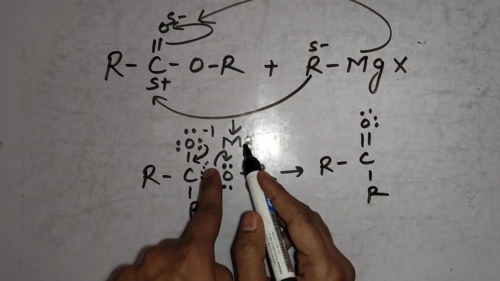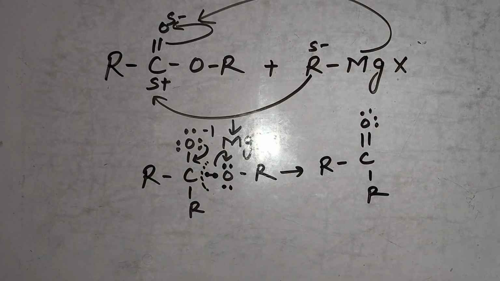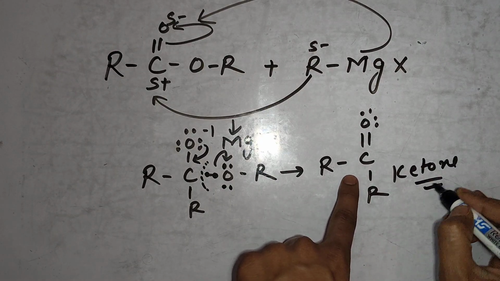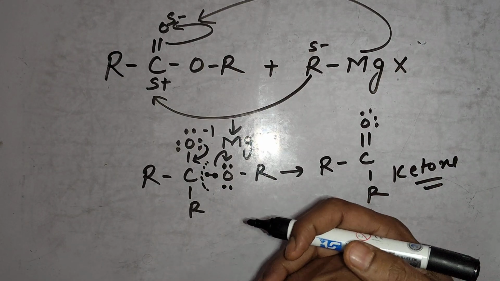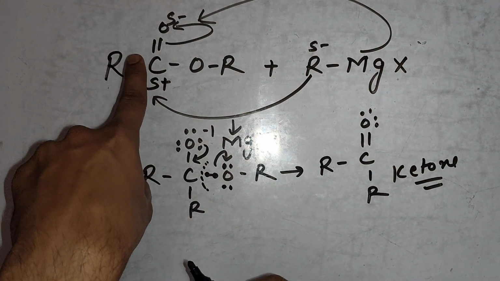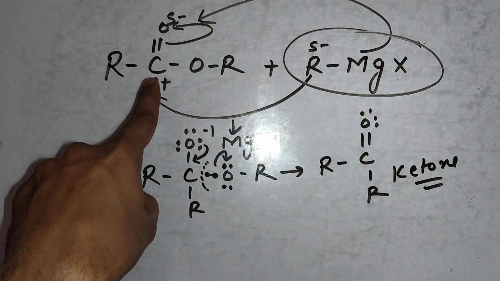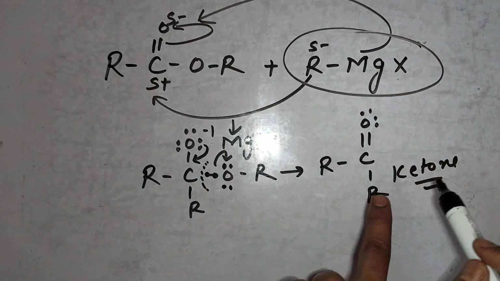And this RO negative, MgX positive, they will get separated out. Check this. What is it? It's a ketone. Ester, when it reacts with the first molecule of RMgX, will generate ketone.